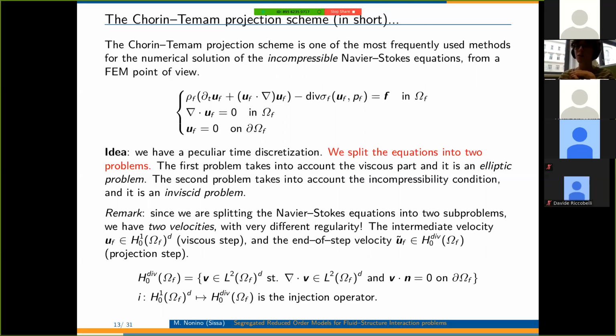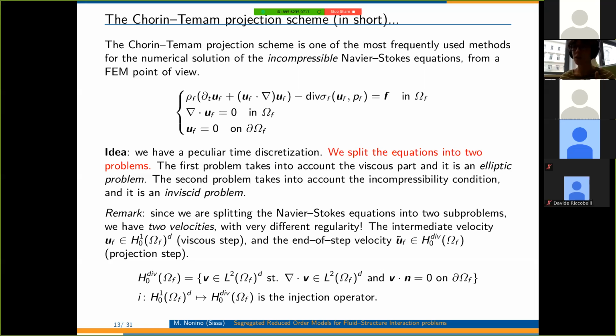Of course, this means that by splitting the original Navier-Stokes equations into two sub-problems, we will have to work with two different velocities: the so-called intermediate velocity, u_F, which is the velocity appearing in the first problem, the viscous part of the projection scheme, and an end-of-step velocity, u tilde, which is the velocity of the incompressible part of the problem.